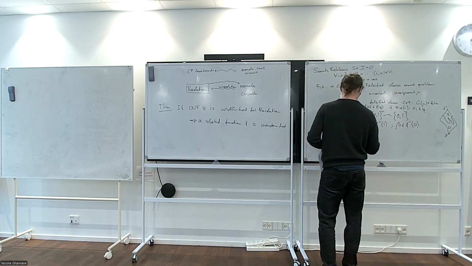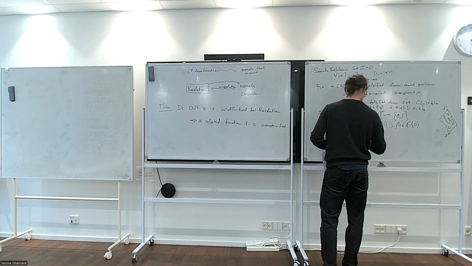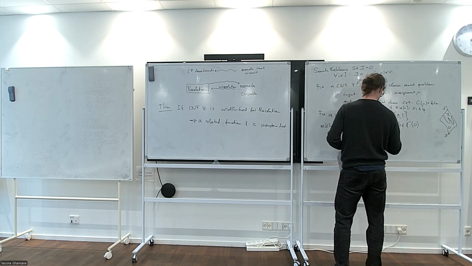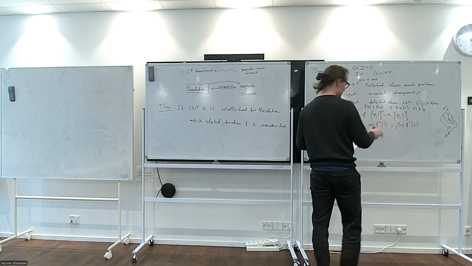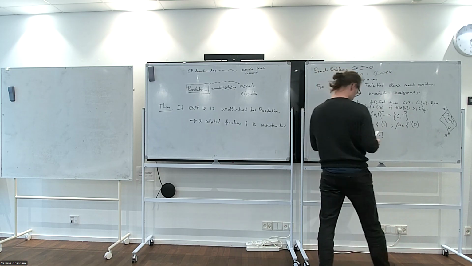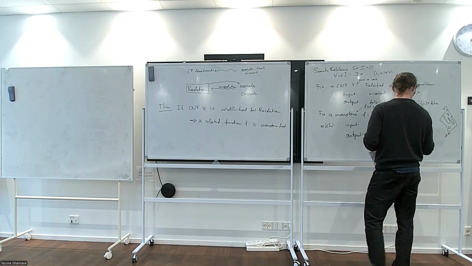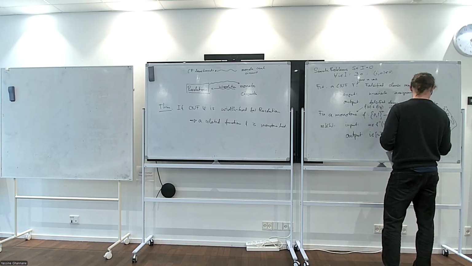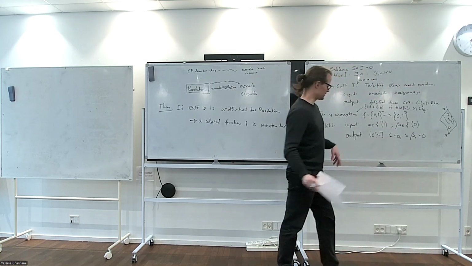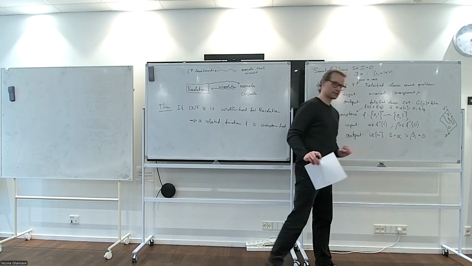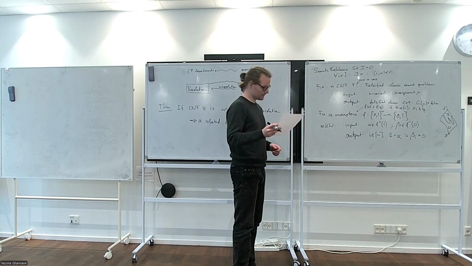We are supposed to output an index i in n so that alpha_i, which should be 1, is strictly larger than beta_i, which should be 0. Okay, very good.